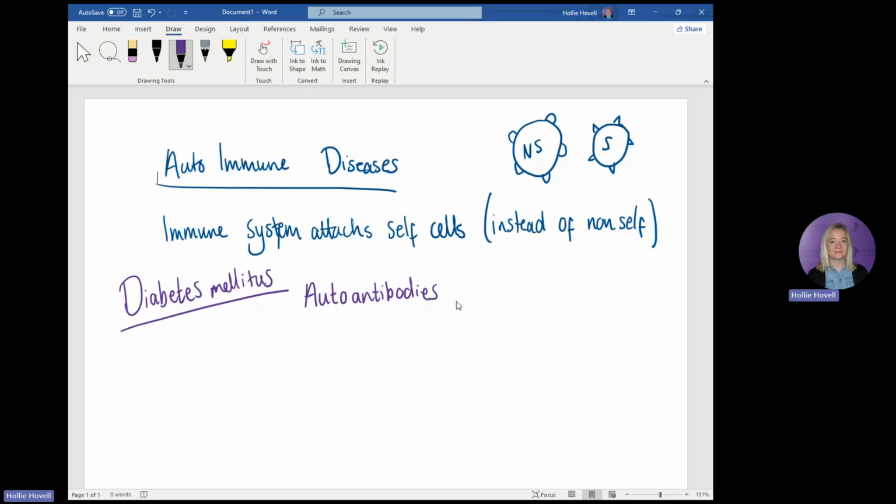Okay, so auto antibodies destroy your beta cells, sorry, in the pancreas. Now, as we know from our blood glucose lesson, the beta cells make insulin. So people with this type of diabetes can't make insulin and therefore can't control their blood sugar levels.